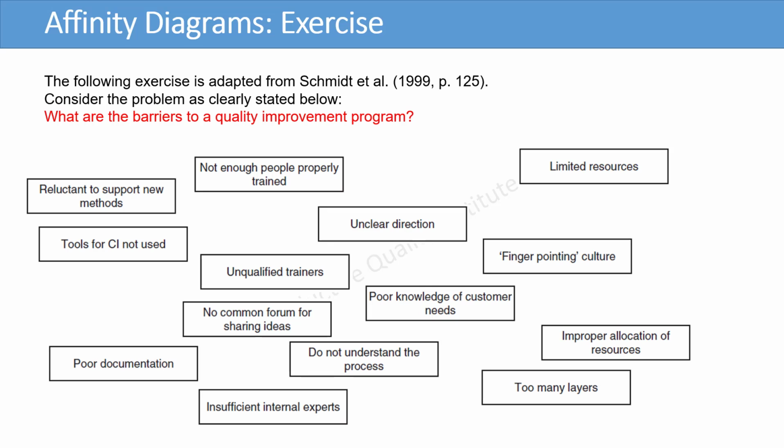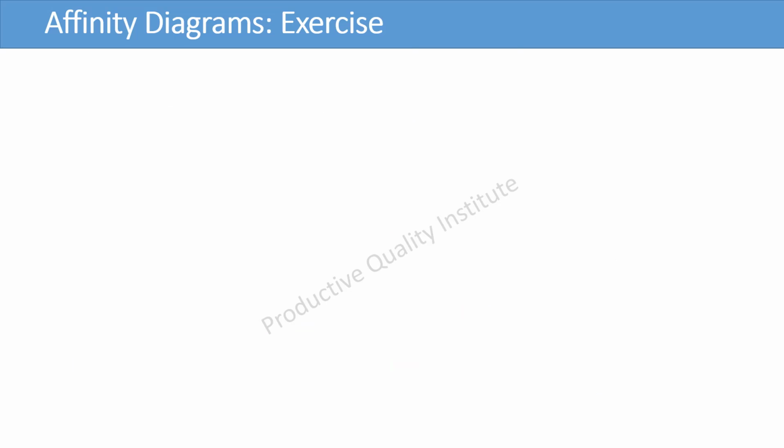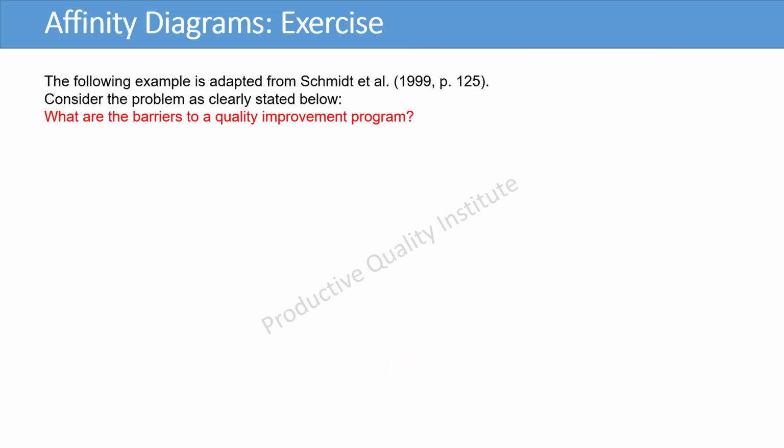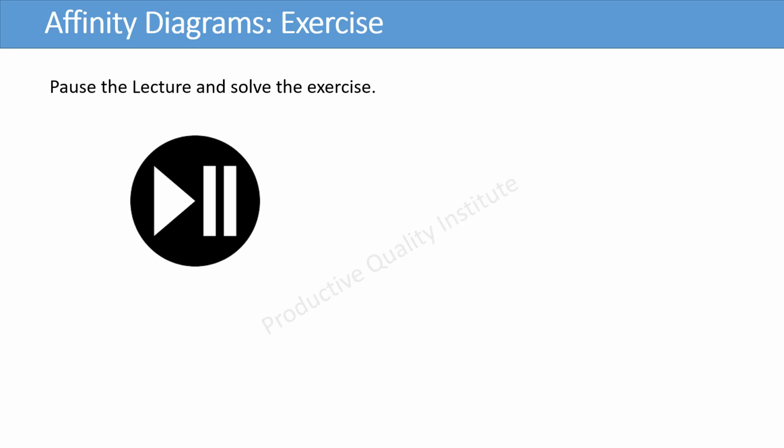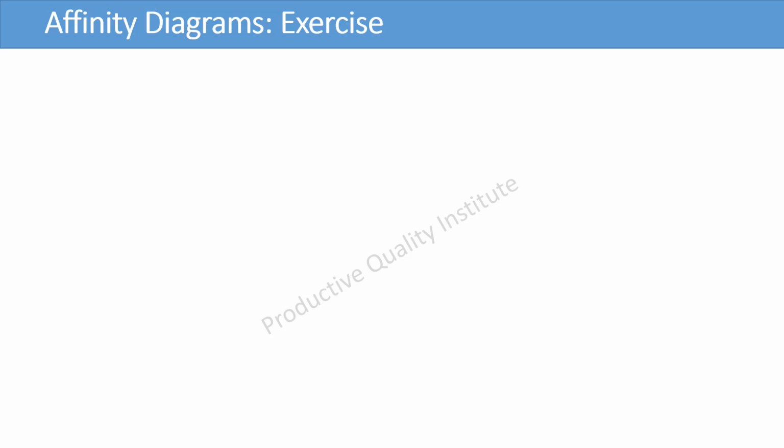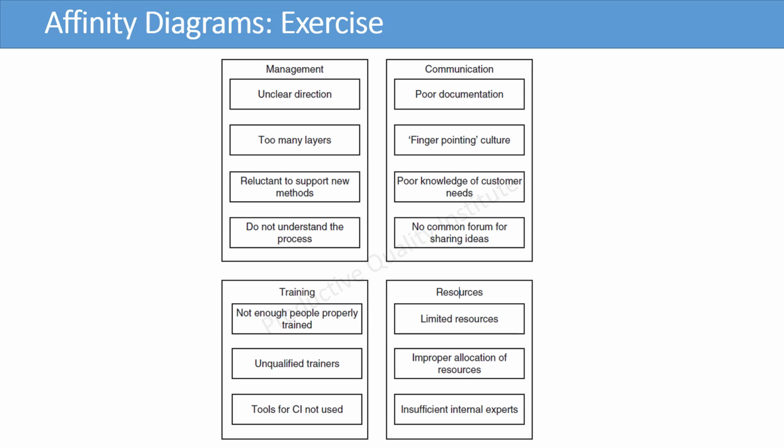Please arrange the previous ideas in 4 groups, as listed: management, communication, training, resources. Please pause the lecture and solve the exercise. Please compare your solution with the exercise solution.